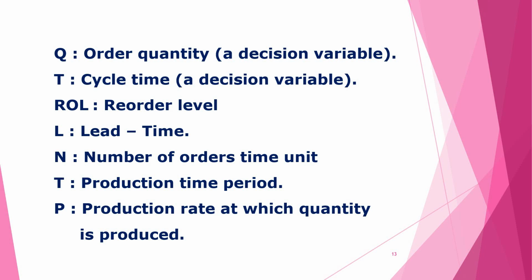ROL stands for reorder level, L for lead time, capital N for number of orders per time unit, T for cycle time or production time period, and capital P for the production rate at which quantity is produced if we are working with a manufacturer as the decision maker.